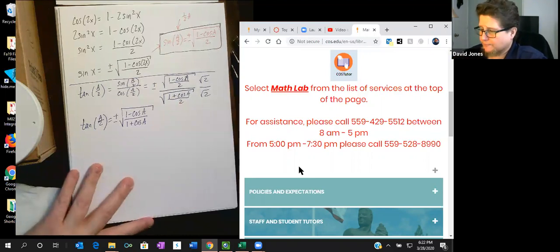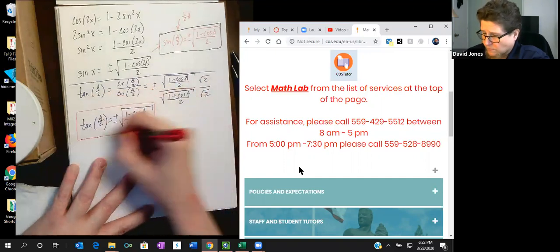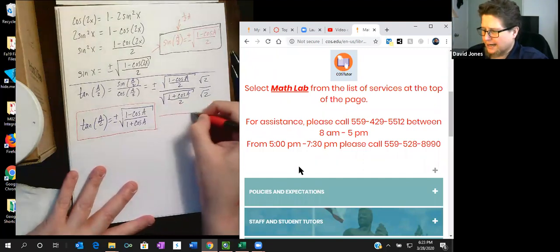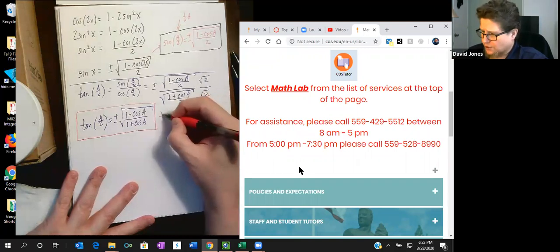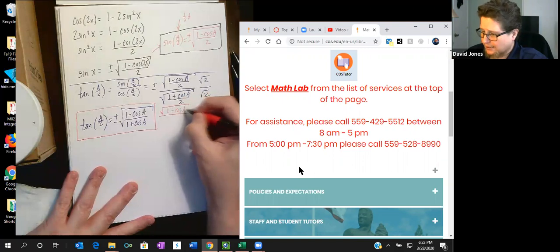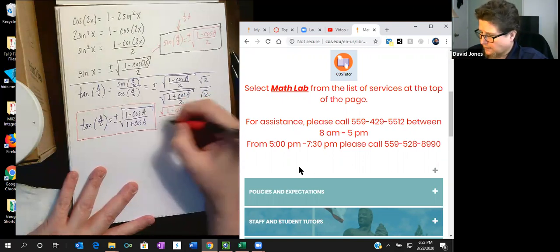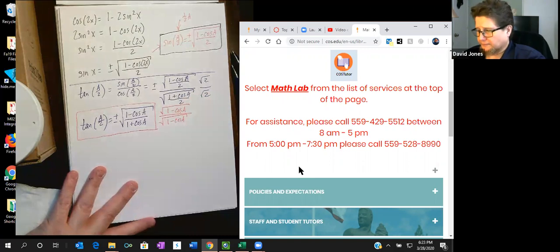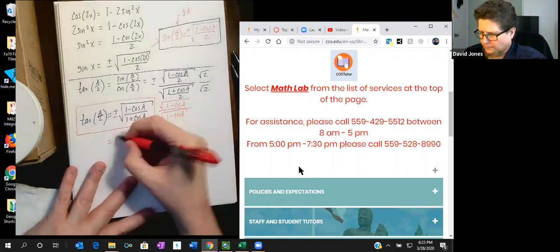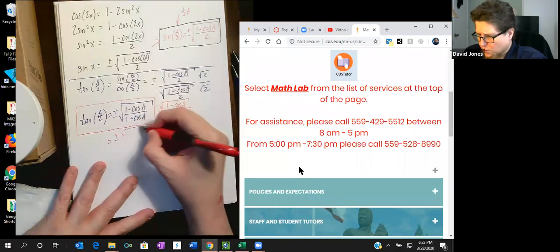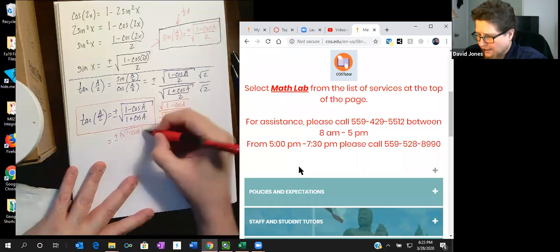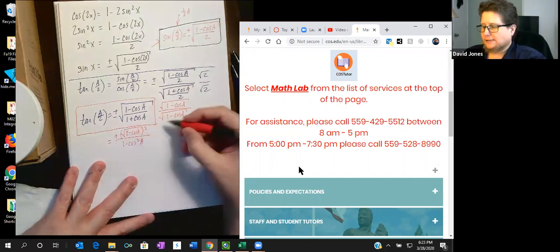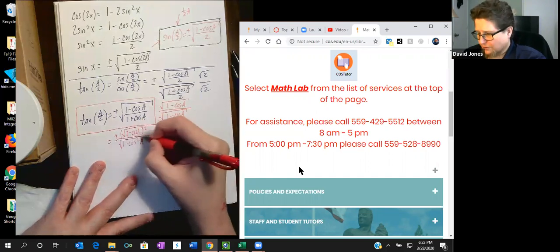So that's one form. Another thing they do, they clear the radical. So they multiply top and bottom by 1 minus cosine A. This becomes plus or minus the square root of 1 minus cosine A squared over 1 minus cosine squared A, and that's under a radical as well.